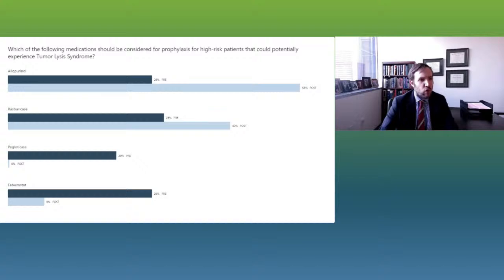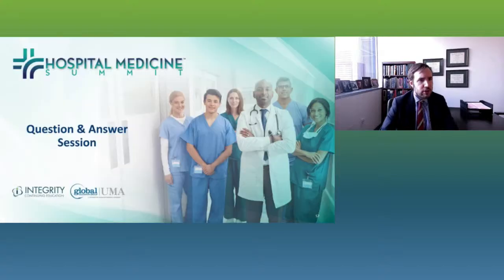So we have 40% on rasburicase. I think we would end up giving rasburicase for a high-risk patient if their uric acid was high. Now, again, if I saw a patient, a uric acid was normal around 3 or 4, then I'd probably just go with the allopurinol. They're all going to get allopurinol regardless, though. And yeah, pegloticase and febuxostat don't really play a role in this scenario. Febuxostat is typically used if they have an absolute contraindication to allopurinol, but there's some cardiac issues with regards to that. So I think that's all of the questions.